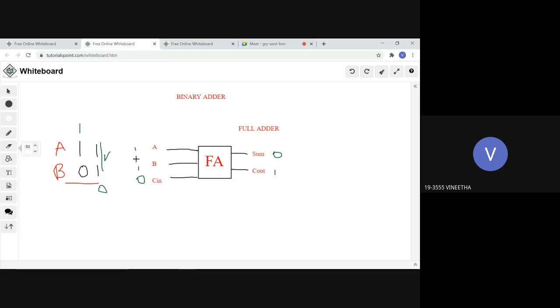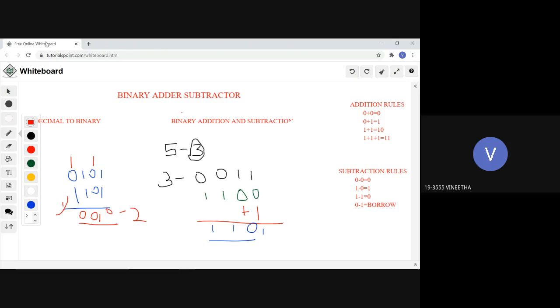In the next step, our A is 1, B is 0, and the carry in is 1. Again, 1 plus 1 is 10.